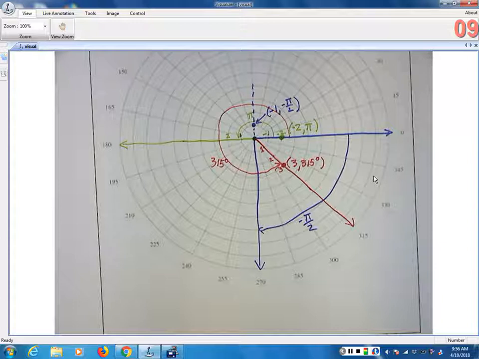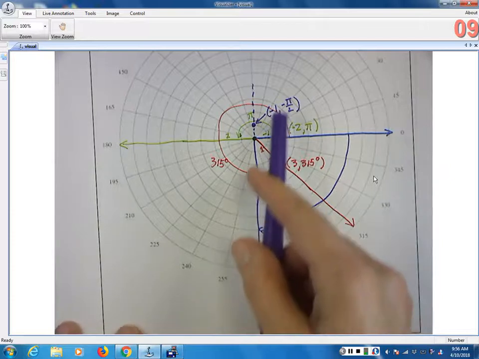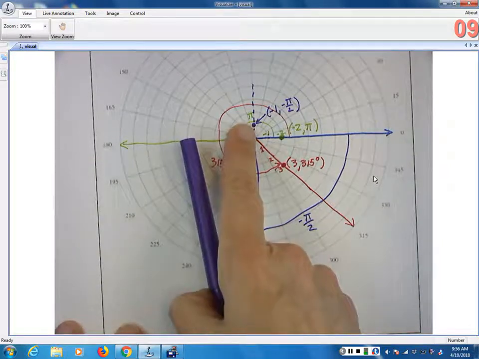Anytime r is negative, we go opposite the way the angles go. So you can see in this coordinate system, there's many ways we could denote this point.